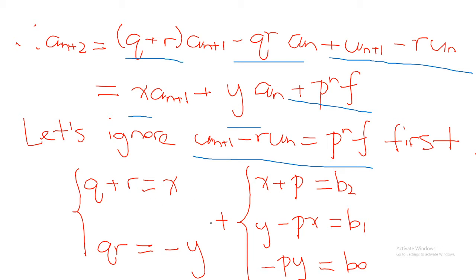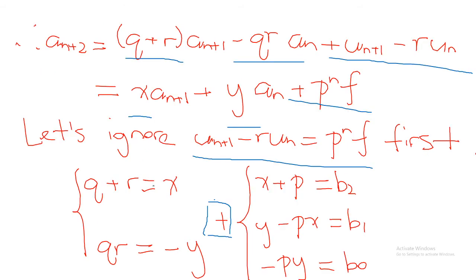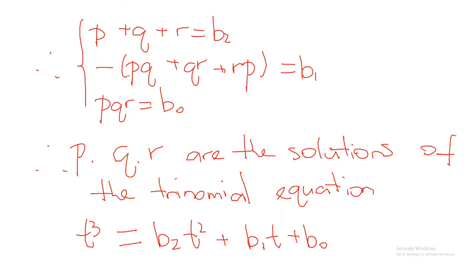What if we combine these two sets of equations? After we combine these sets of equations, just replace x with q plus r and y with minus qr. Something magic happened. Things are symmetrical and organized. P plus q plus r is b2. The opposite number of p times q plus q times r plus r times p is b1.